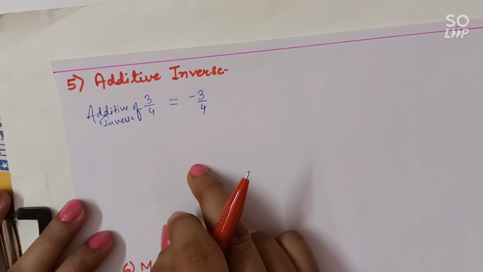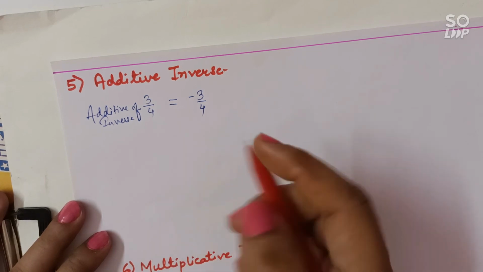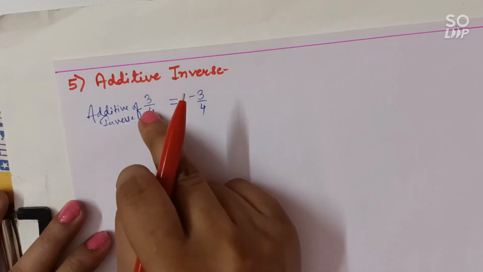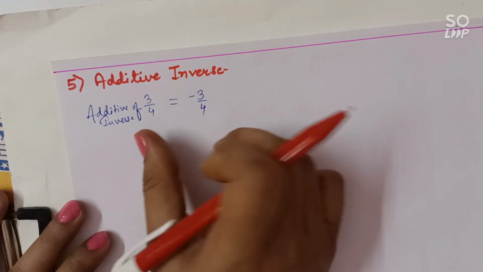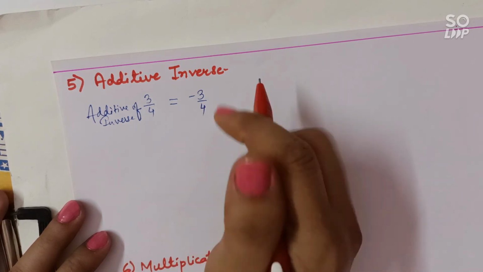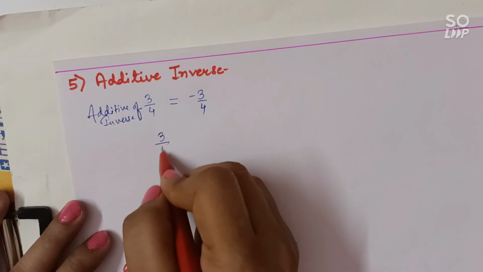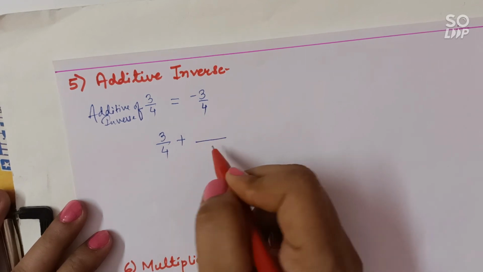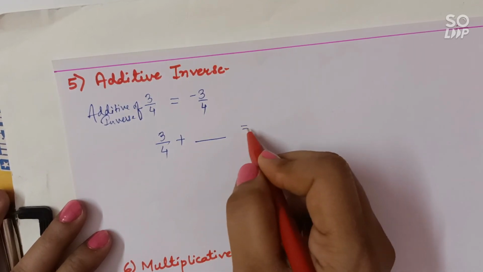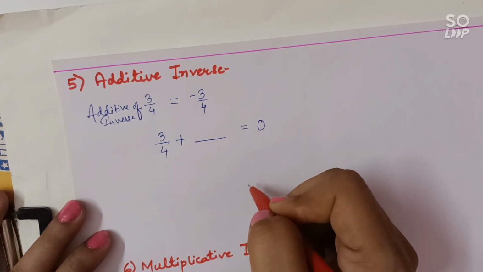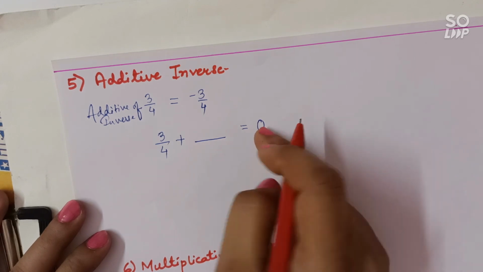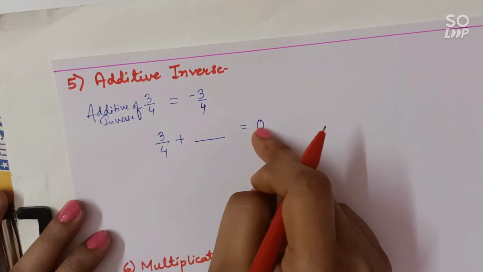What is basically additive inverse? It says that what number you're going to add with the particular number so that the sum is 0. Suppose 3 by 4 is there, what I'm going to add with this so that the sum is always 0. 0 is what? Additive identity. 0 is called an additive identity.